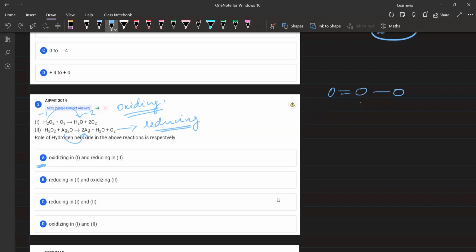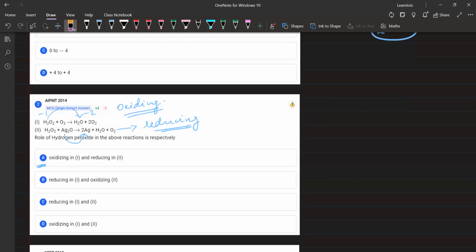O3 is getting converted to O2. You note this down.